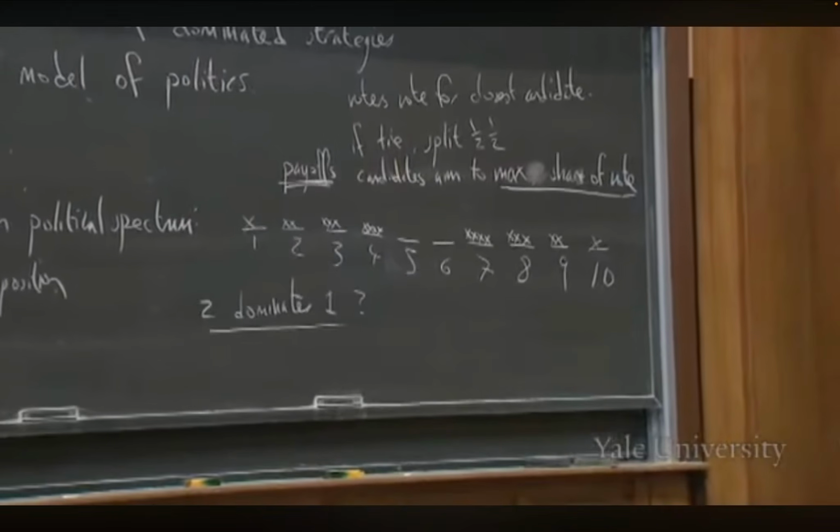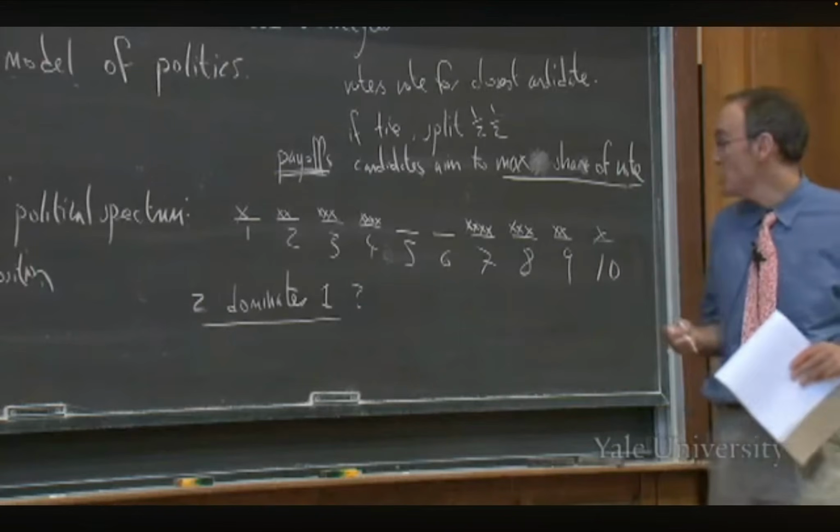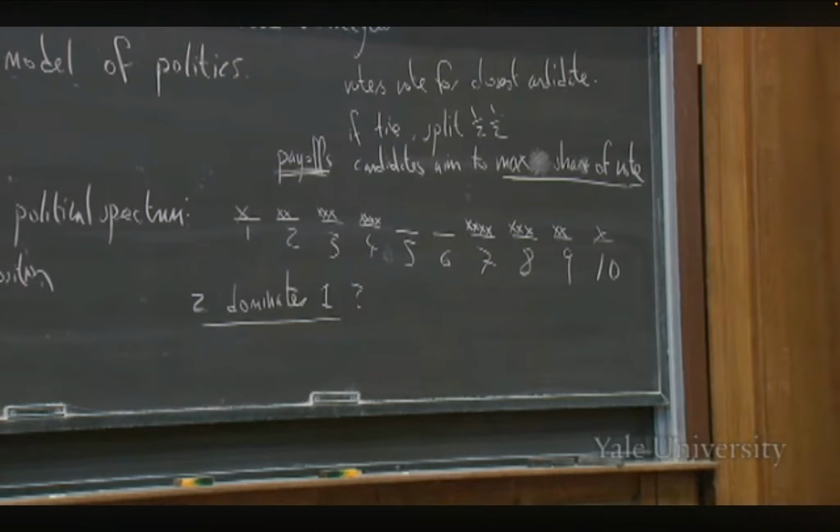All right? So if we do the procedure of iteratively deleting dominated strategies, going back again, looking at what's dominated, doing it again, all that's left is 5 and 6. So this procedure leads us to conclude that the candidates will choose positions 5 and 6. Does 5 dominate 6 or 6 dominate 5 or anything like that? No, at that point it's just a tie, right?